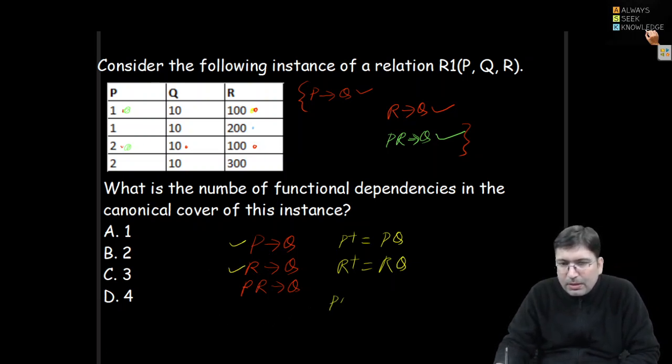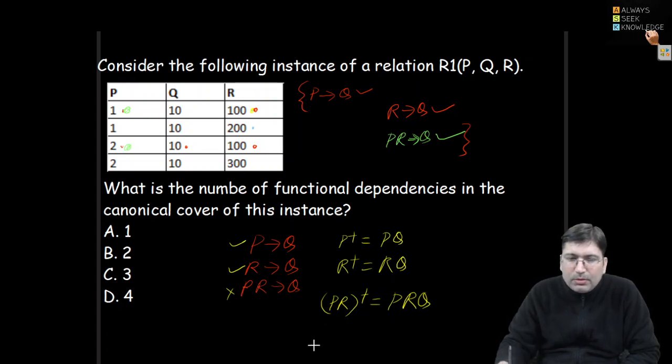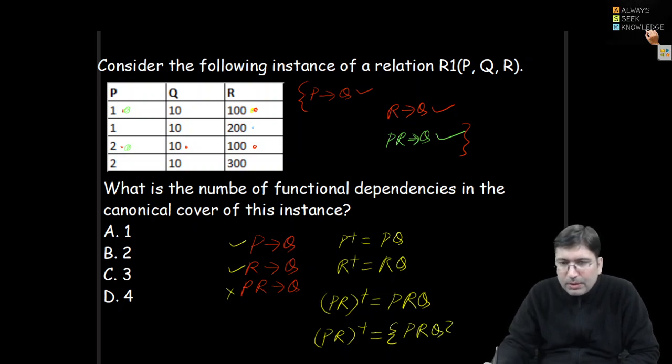Now let's check PR. PR, if you check, PR will give us PRQ. And if you do not consider this rule, and if you calculate the closure of PR, you still get PR, and P can derive Q, so you can get PQR, the same thing which you were getting with this rule, even though you are not considering it.